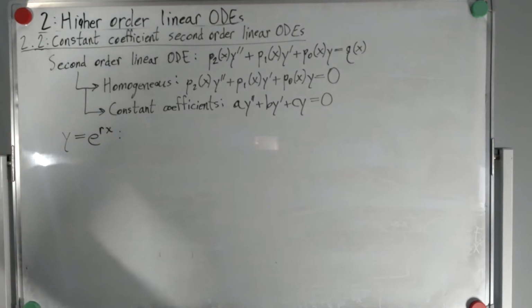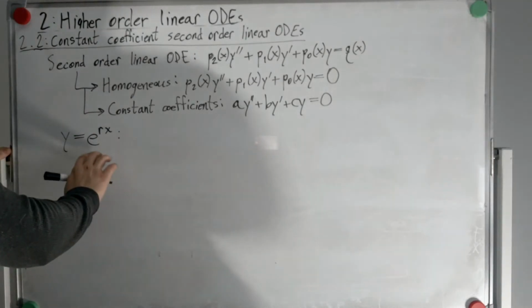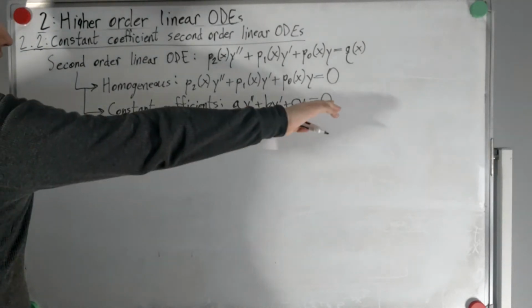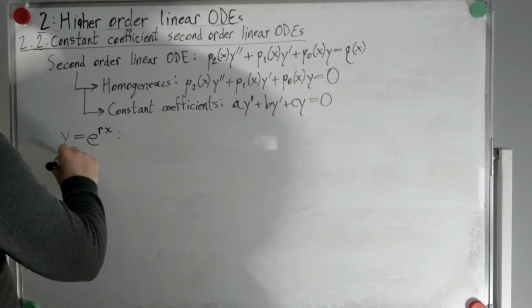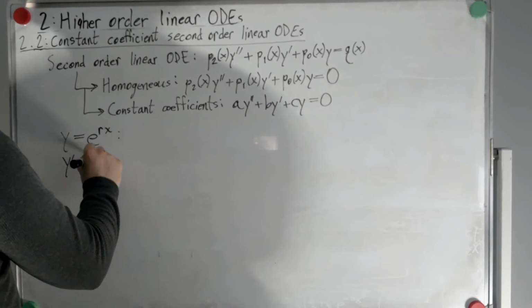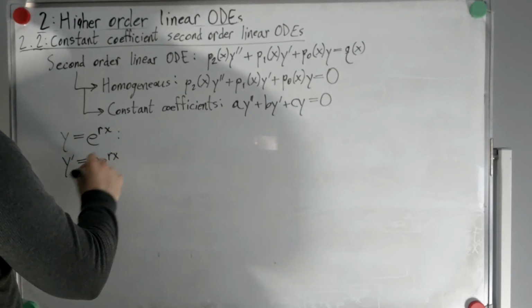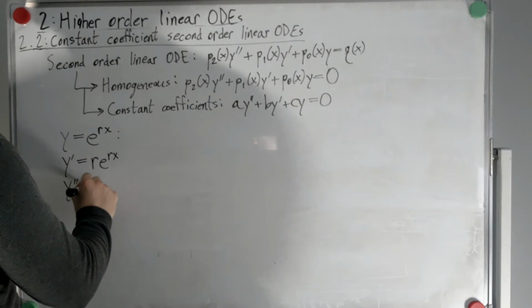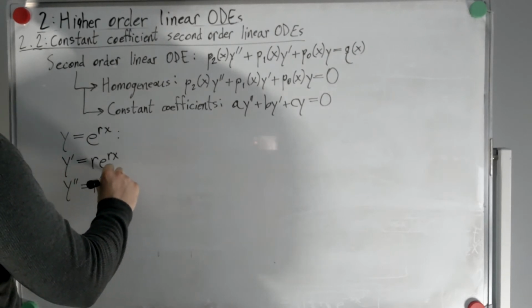Okay, let's see here. So first of all, if you want to plug that solution into this ODE, then you're going to need a couple of derivatives of it. So y' is r e to the rx, and y'' would be r squared e to the rx.